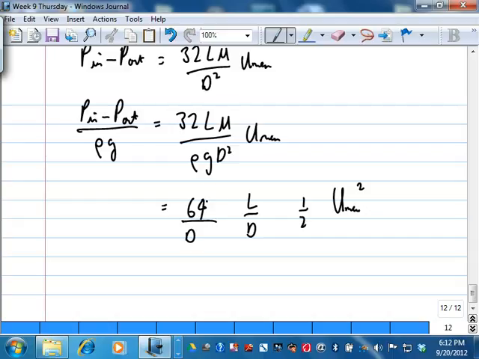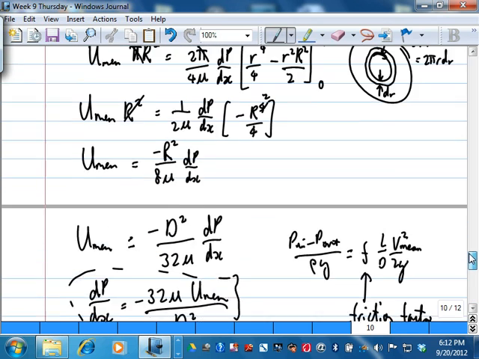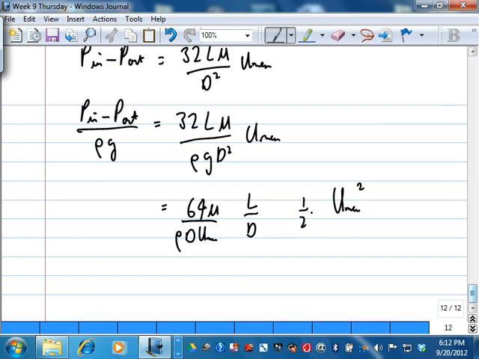64. The mu is still here. Why did I put square? Because I put the u mean here also. The rho I put here. L on D. Oh, the G. Actually this one, don't put half, put u mean squared over 2G.